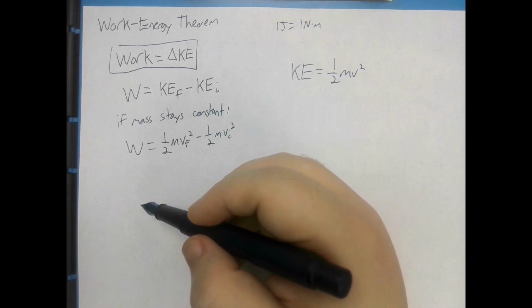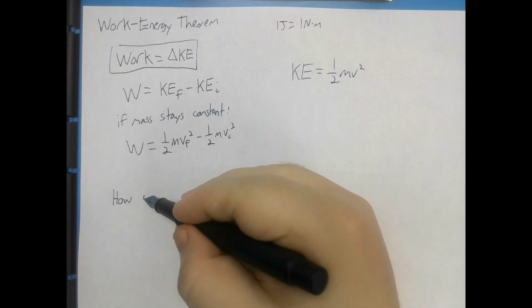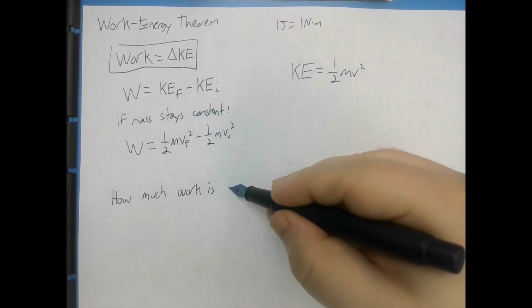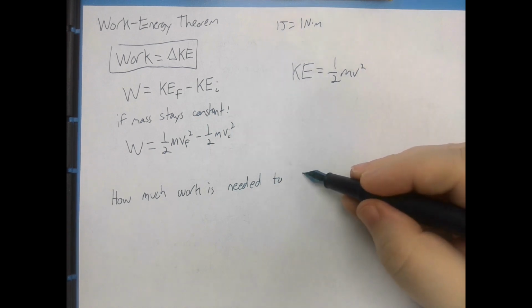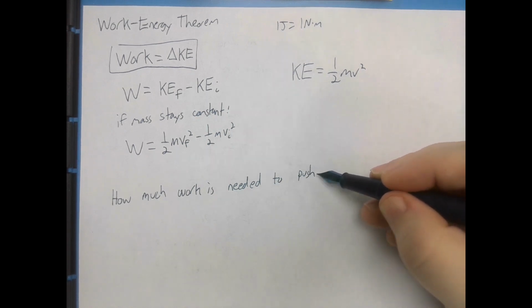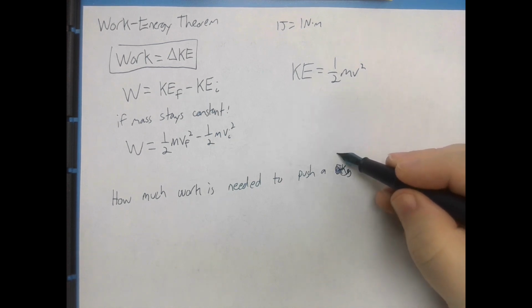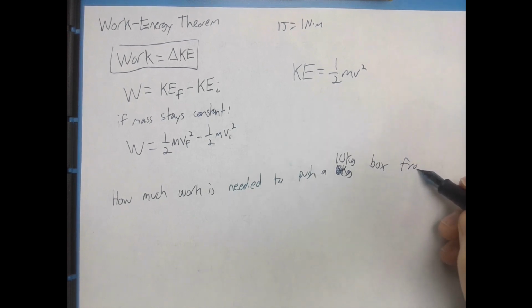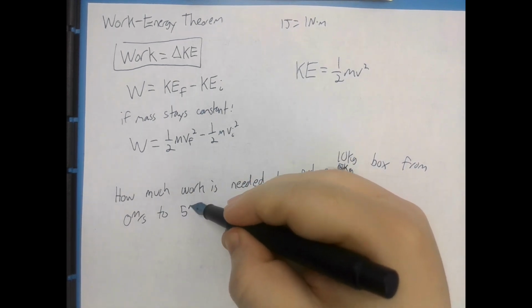So, for example, let's figure out how much work is needed to push a 10-kilogram box from 0 meters per second to 5 meters per second.